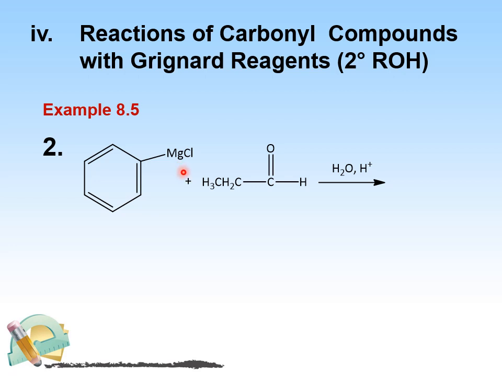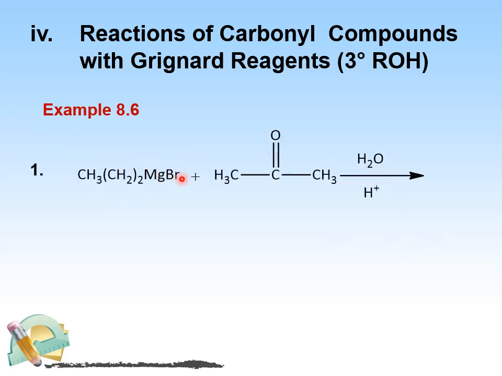We are going to produce a secondary alcohol where the phenyl part is going to be attached from down here to the hydroxy carbon, and then the ethyl coming from the propanol is going to be attached here, and then the hydrogen from propanol is going to be attached to the right side here. So here you go, we are producing another secondary alcohol.